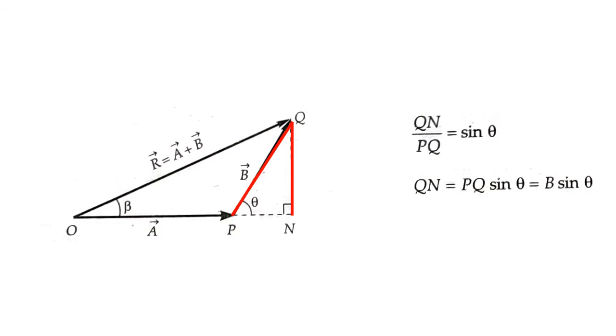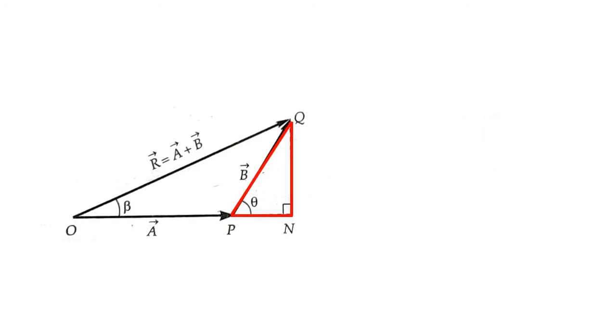So, if I want to write QN, I can write QN as PQ sine theta. I can send this PQ to the other side. Fine. Now we know PQ is the magnitude of the vector B. So I can also write this one as B sine theta.